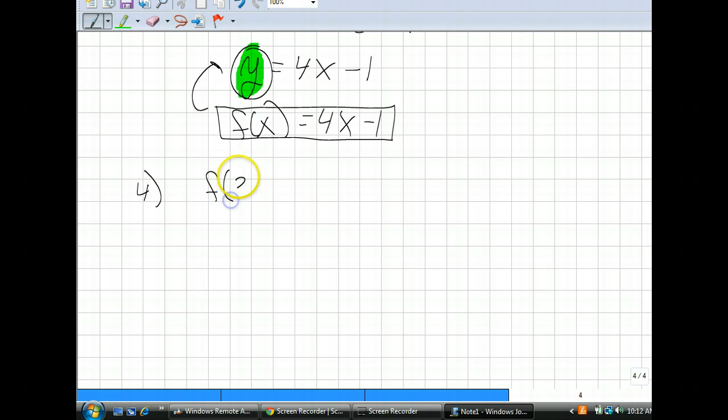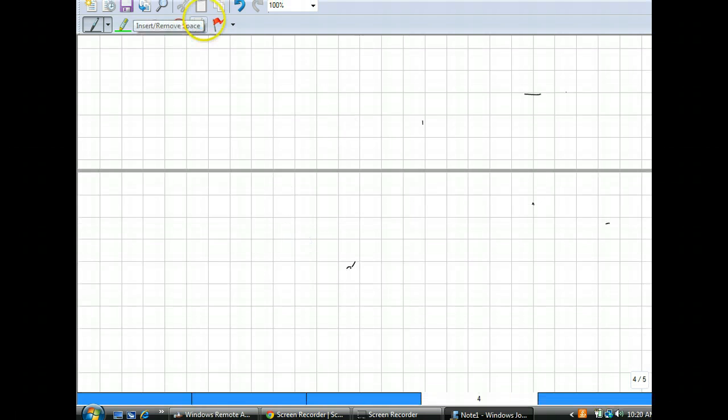In this case I have f of 3 equals 12 and f of 5 equals negative 2. And what I want is the equation of the function that takes 3 to 12 and 5 to negative 2. In other words, I'm looking for the rule.